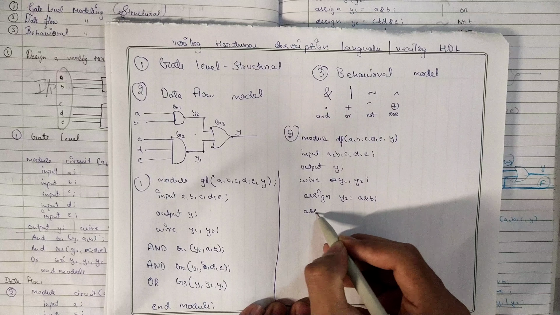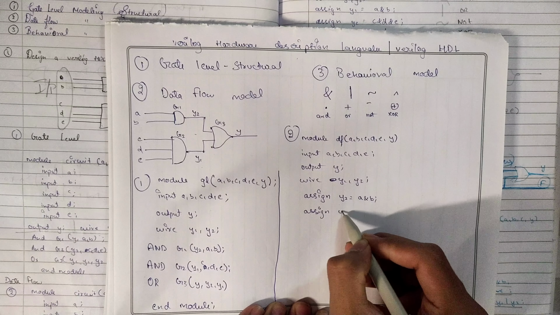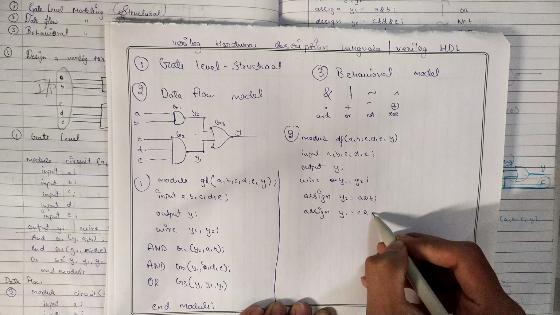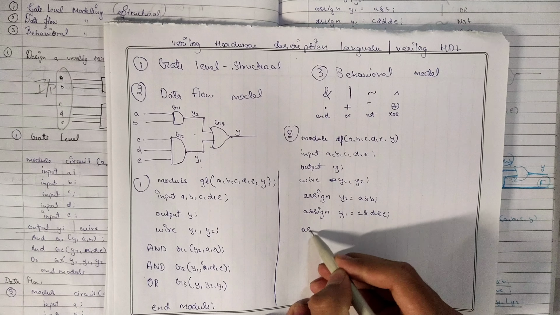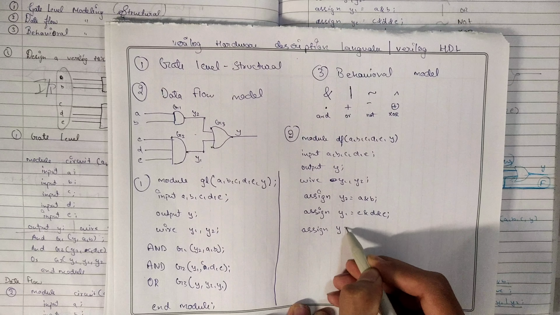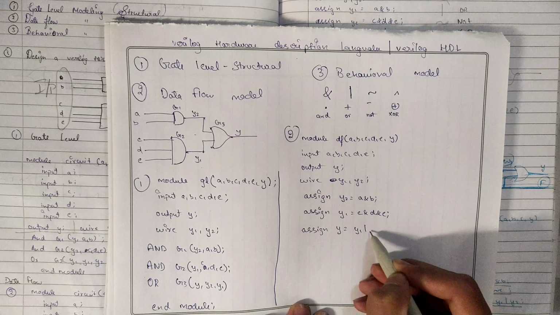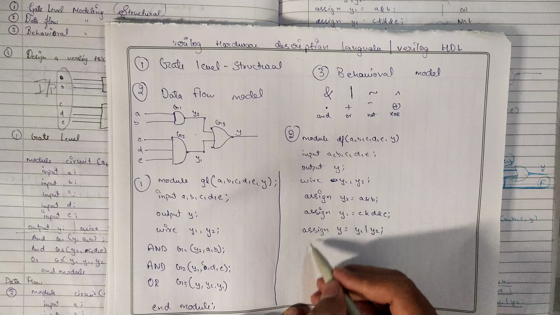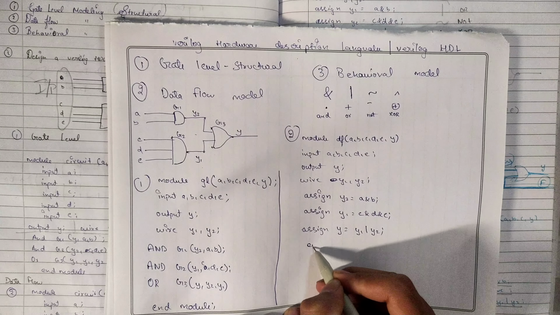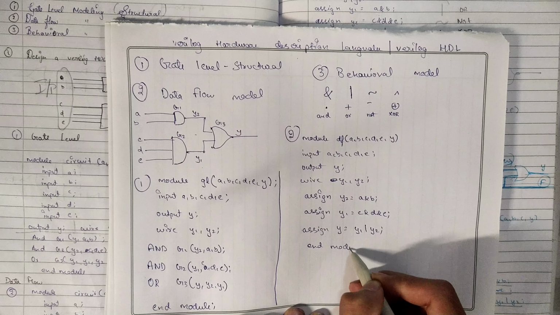Then assign Y1 is equals to C, D, E, and, right. Then again we will write assign Y is equals to Y1 plus Y2. Then that is it. Then what we will write? End module. Let us cross verify. Okay. So, what we wrote is same itself.